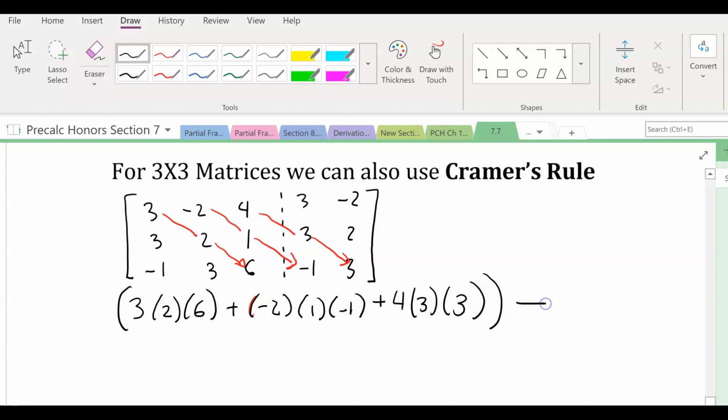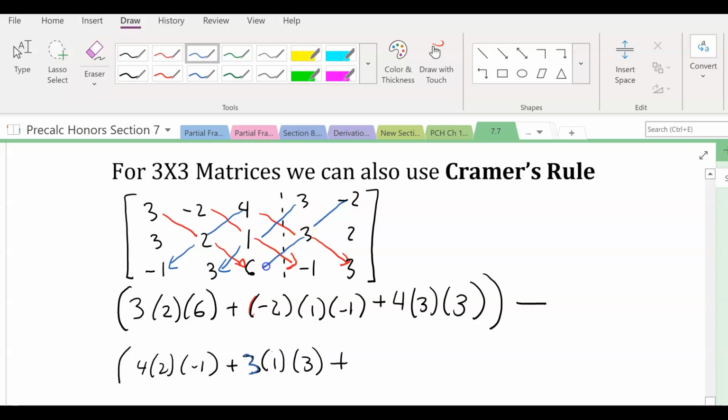So I'm going to take this sum and subtract from that the product of these 3: minus 4 times 2 times -1, plus, and then these 3 values, 3 times 1 times 3, plus, and then the product of these 3 values: -2 times 3 times 6.